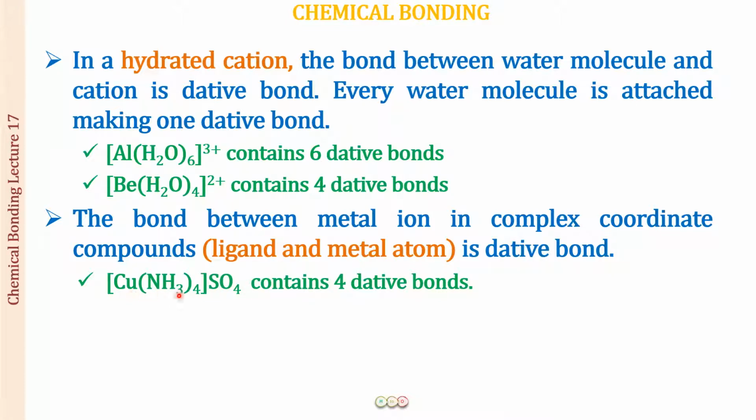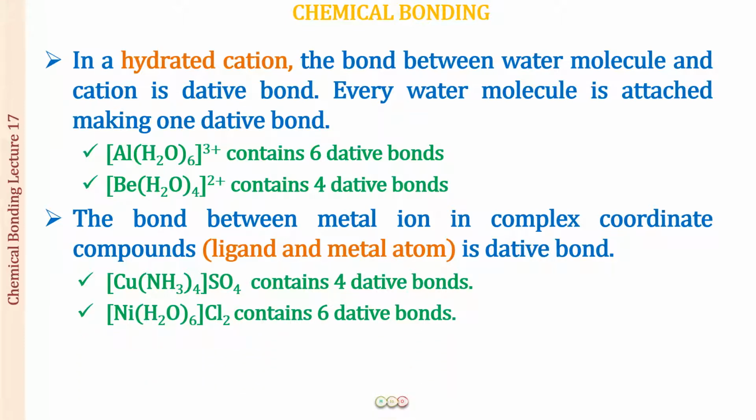Okay, so this portion of the compound, here you have a metal and this is going to be the ligand, and there are going to be coordinate bonds between this metal and ligand. Okay, details you will be understanding more in class 12. You can see just simply that there are going to be 4 coordinate bonds between copper and ammonia.